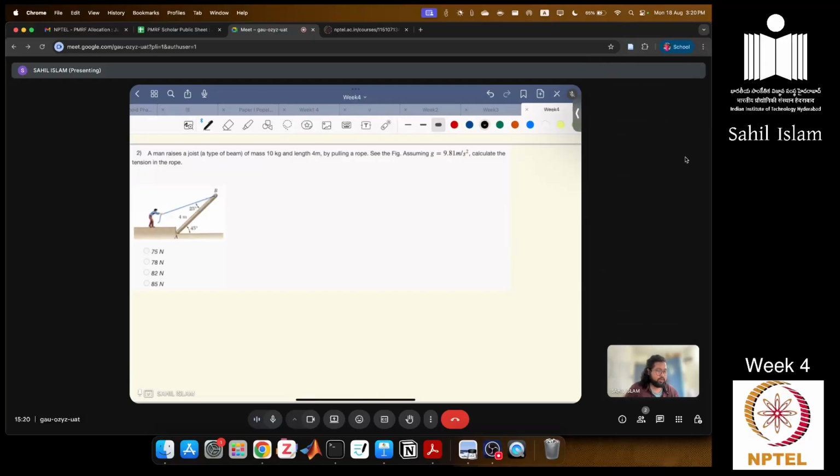Okay, so next question. A man raises a joist, a type of beam which is basically this, by pulling a rope. So he's pulling a rope like this. Assuming G equals this, calculate the tension in the rope. So let's break it down to a free body diagram.